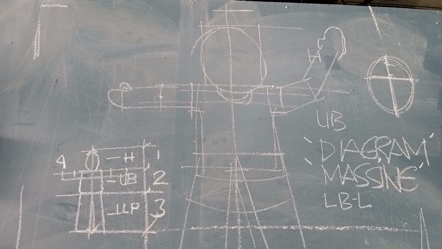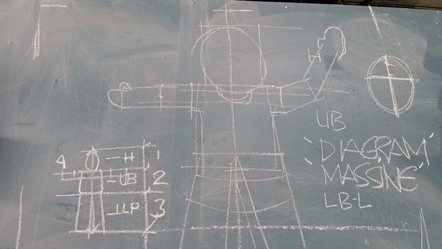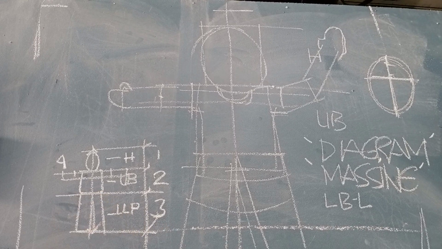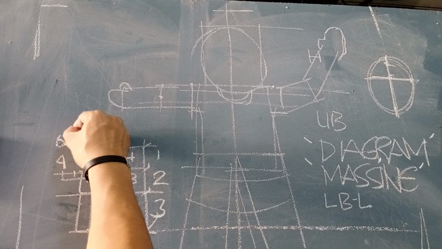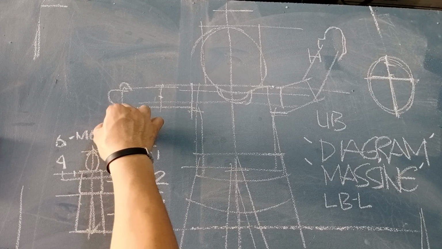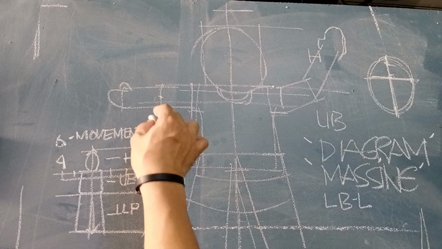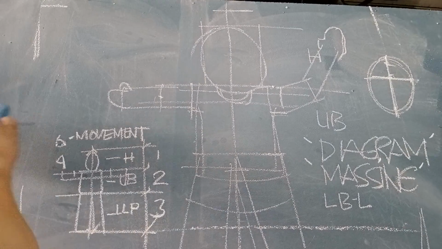On number 5, we'll go with the details of a hand or details of a leg. And number 6 will be on the movement, so we will try to give life to our drawing by making them move.